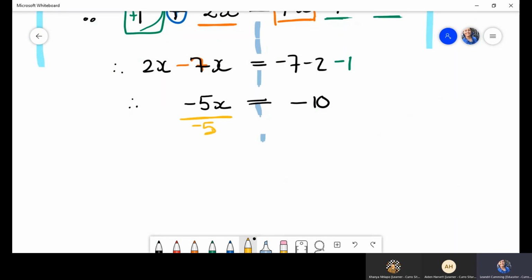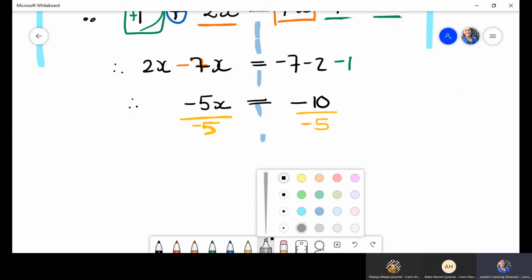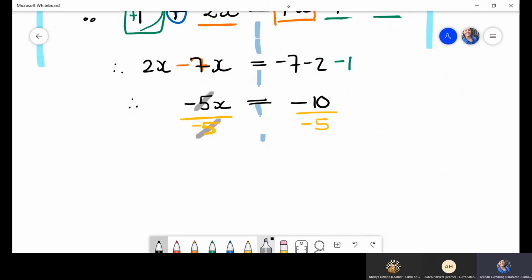So I divide by minus 5. What I do on that side, I do on that side. And that cancels out. That's why we apply this law. There we go. And I have a lovely x is equal to negative 10 divided by negative 5 becomes a positive 2. There we go.